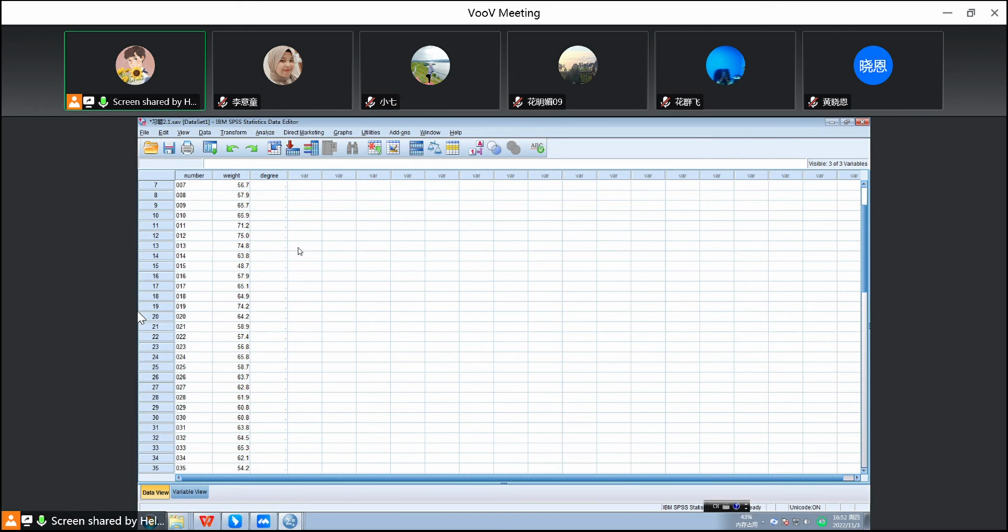We assume that from 48 to 50 is low, 51 to 60 is middle, and larger than 60 is high. So here it's middle, 2. And it's also 2. It's less than 51, and this here is larger than 60, so it's 3.